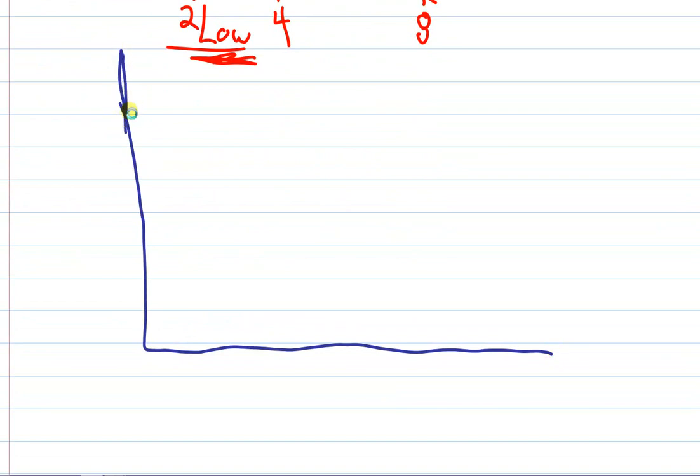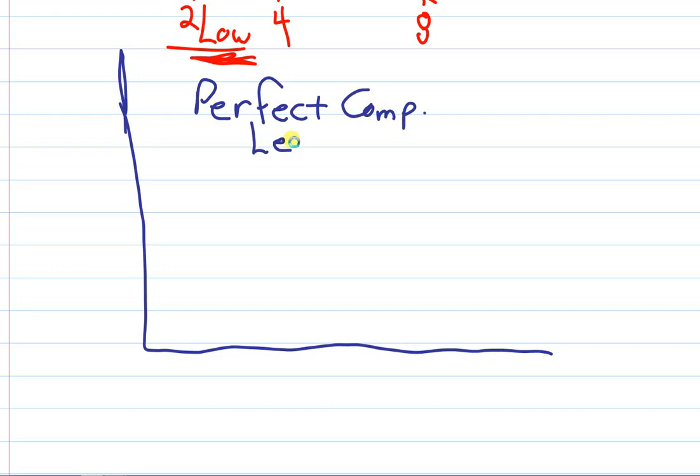Sometimes people call these kinds of production functions Leontief, L-E-O-N-T-I-E-F, production functions. I'll just abbreviate that PF. A Leontief production function is named after an economist named Vasily Leontief, and it involves perfect complements.